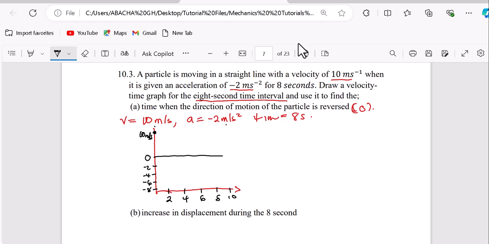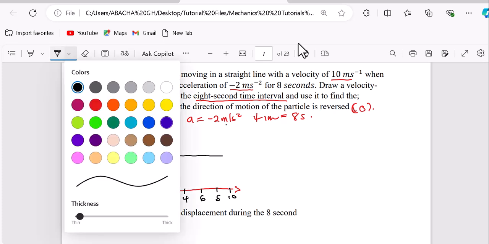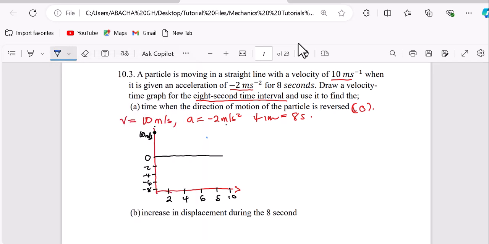So we are decelerating, so our line will come down like this, and maybe like this.